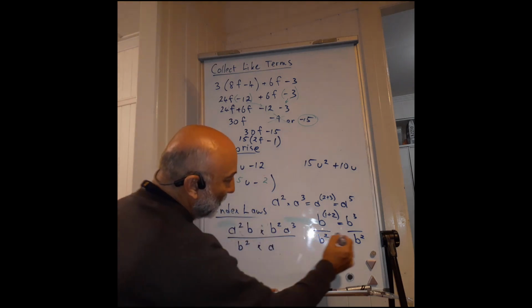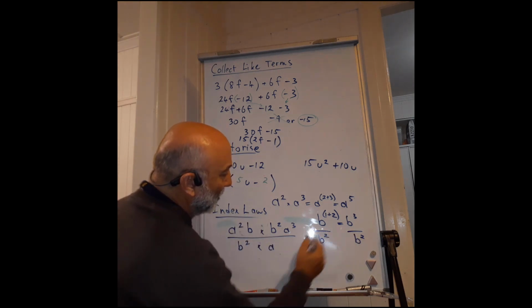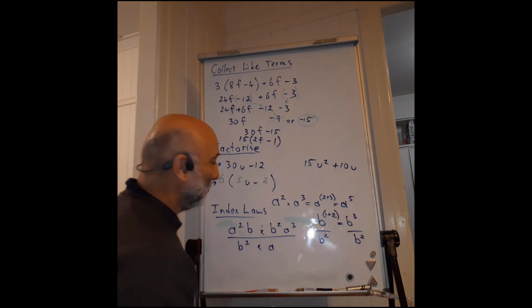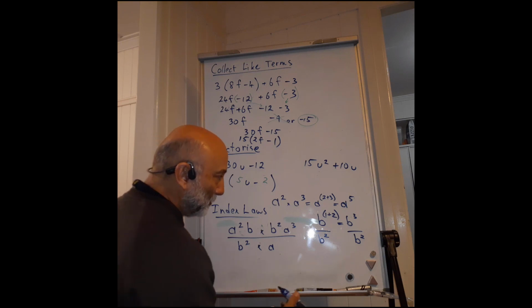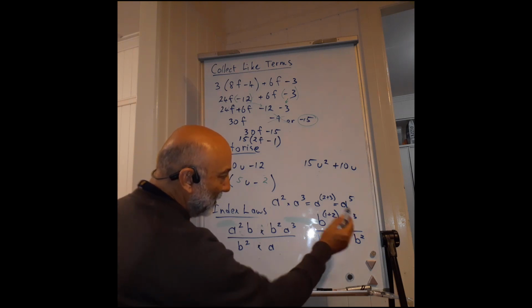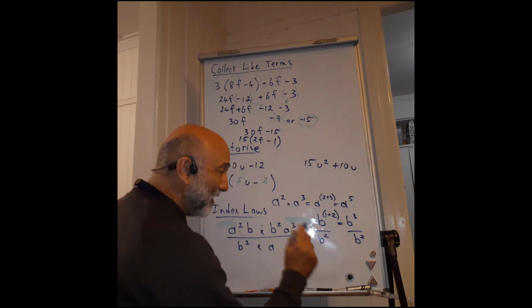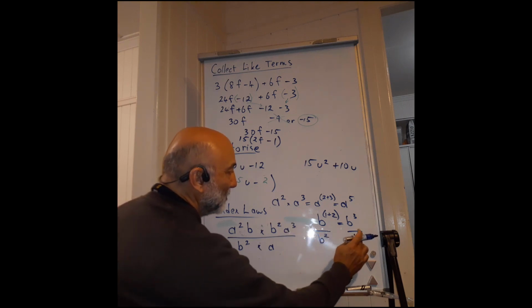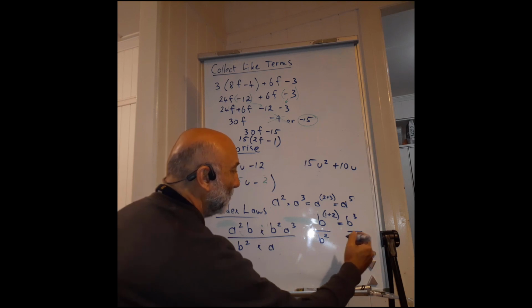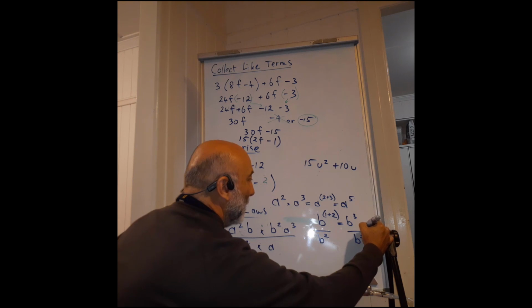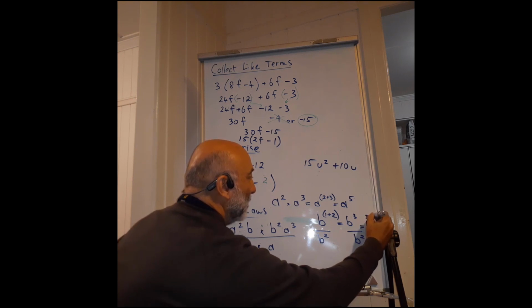So if on the top of the dividing line we can add our indices, underneath the dividing line we can subtract. So b to the 3 divided by b to the 2 is exactly the same as saying, all of this here is the same as b to the 3 minus 2.